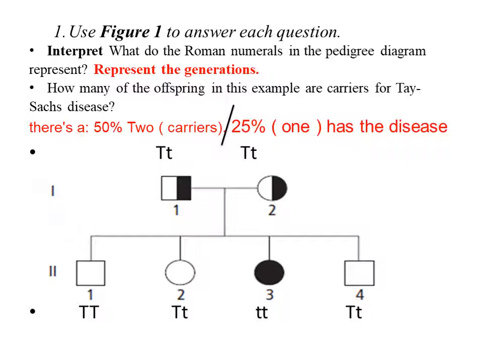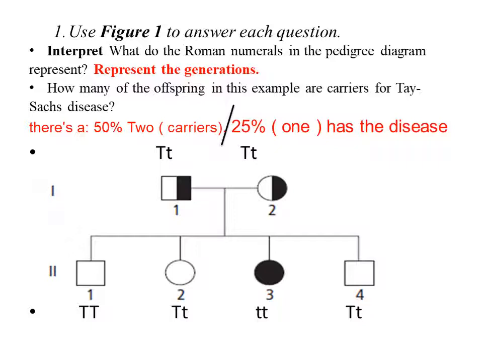Question number 2: how many of the offspring in this example are carriers? You have to look at generation 2 because it represents the offspring. But it is a tricky question because the carriers in the offspring are not shaded.